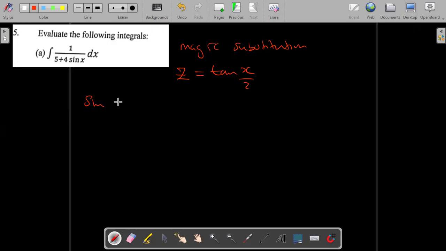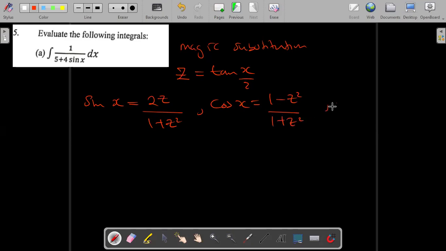You're going to say sine x is equal to 2z over 1 plus z squared. The other substitution you can make is cos x equal to 1 minus z squared over 1 plus z squared.